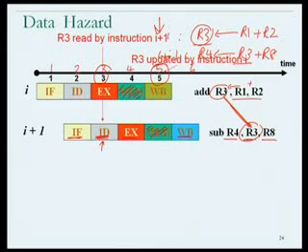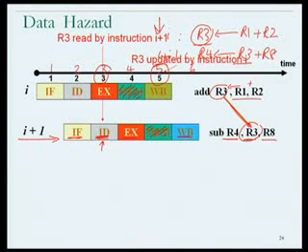Therefore, if instruction I plus 1 is allowed to proceed through the pipeline as per the plan shown along the timeline, then the subtract instruction will get the wrong value of register R3 and will produce the wrong result in register R4, and the program will not produce the correct result. In other words, the program will be in error. So correct program execution would not result if we used this implementation of the pipeline.